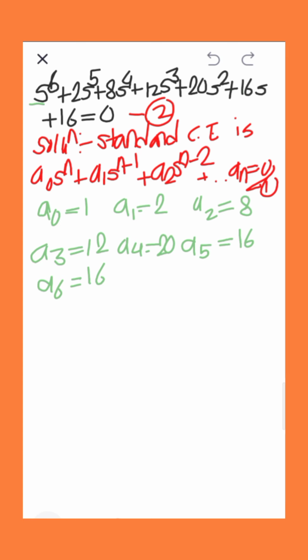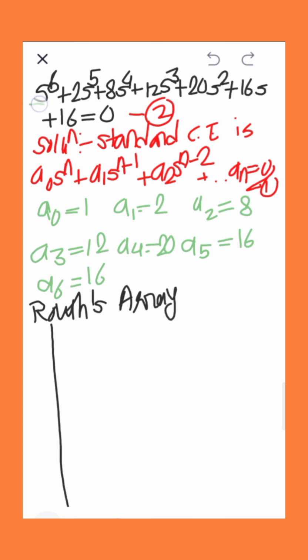The next step is we have to go for the Routh's array, starting with the highest order, that is s to the power 6, s to the power 5 till s to the power 0. The first row is of even terms, the second is of odd terms, which means exactly opposite, odd and even.